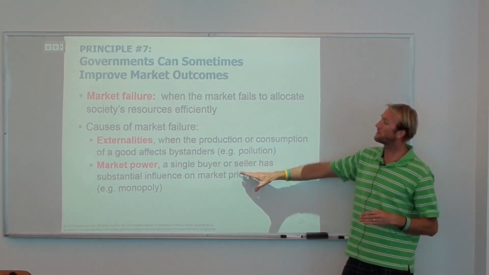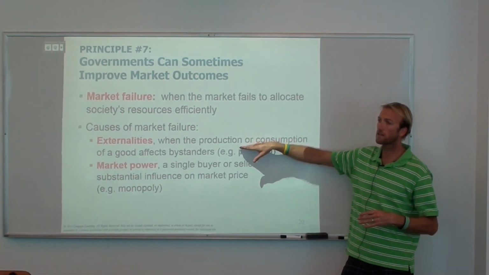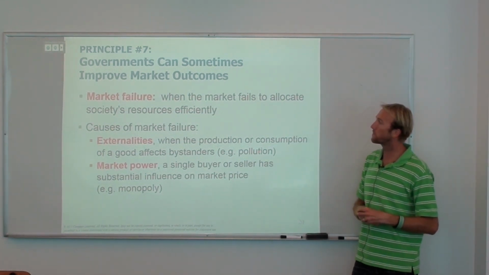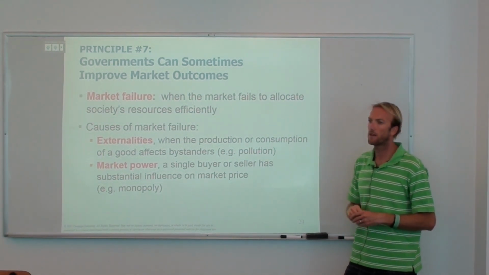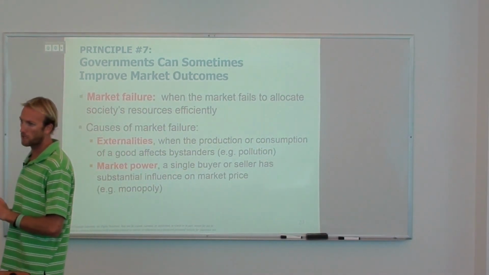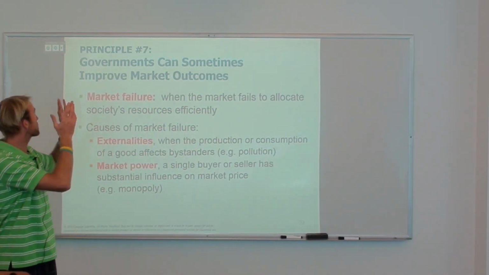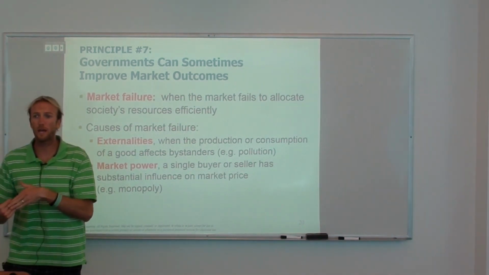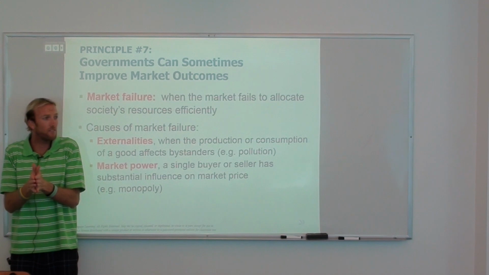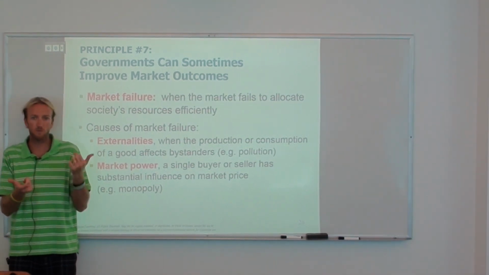And so, if any of these exist, market power, externalities, or if there are no property rights, we get this thing called a market failure. And then there is a reason for the government to step in. Okay? So even though in principle number 6, I just told you that markets all by themselves are kind of a good way to organize economic activity, remember, there's that set of assumptions, which I just gave you.